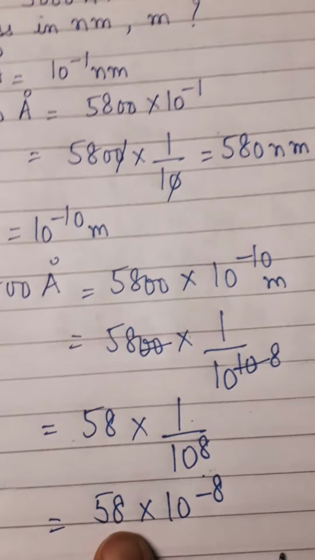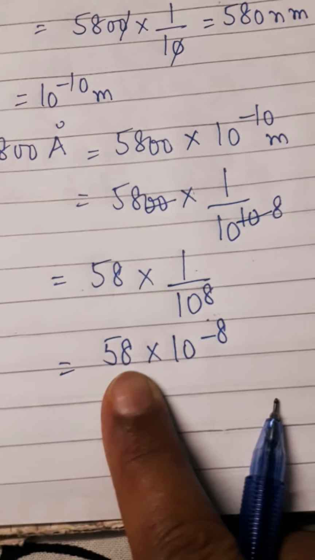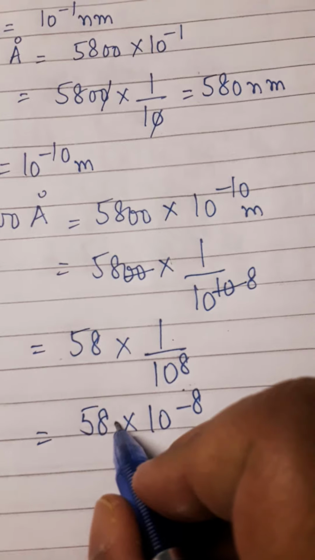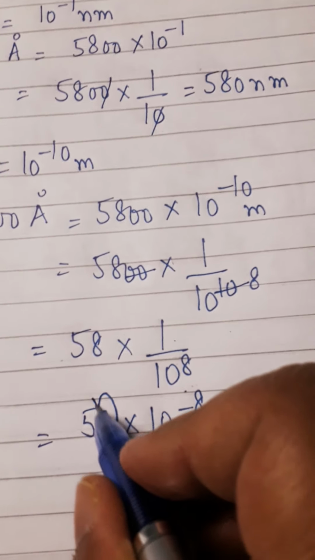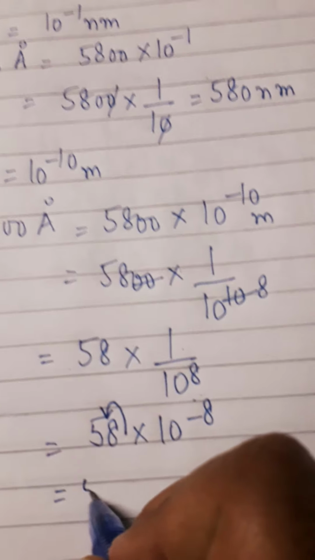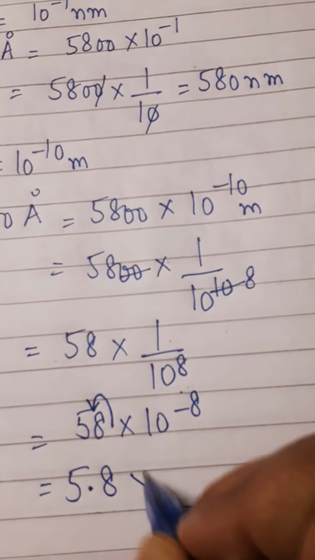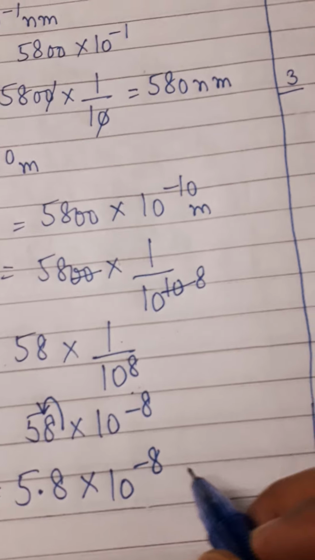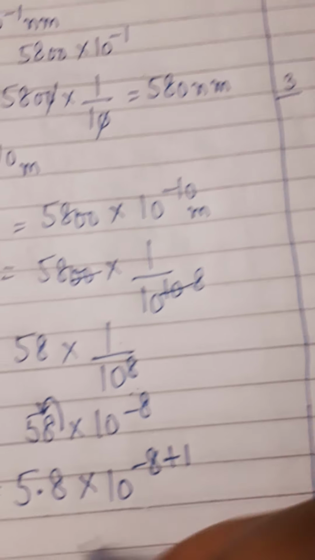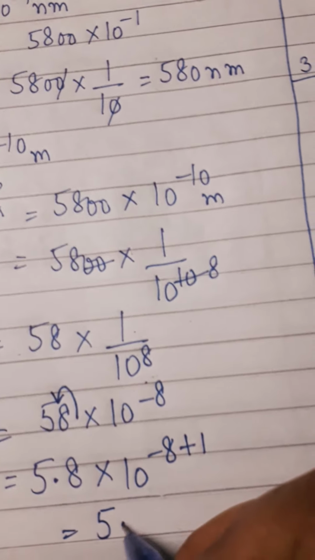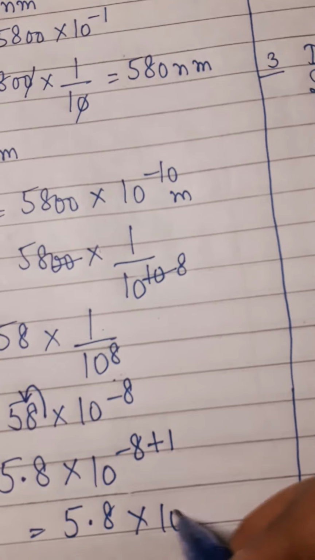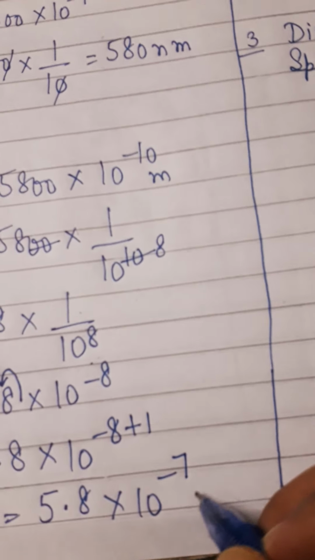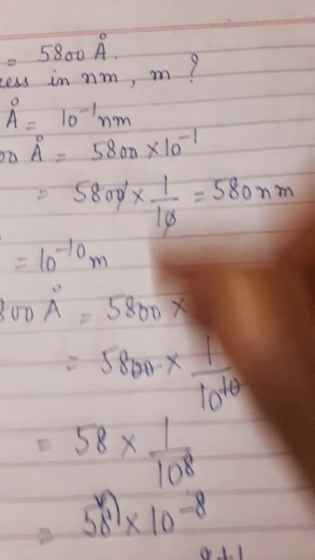Now you can see that it needs to be changed into the right order of magnitude. For that I will introduce a decimal, and the decimal will shift 1 place towards the left. So it will be 5.8 into 10 to the power minus 8, plus 1, because the decimal has shifted 1 place towards the left. So the final answer will be 5.8 into 10 to the power minus 7 meters. This is the first numerical problem.